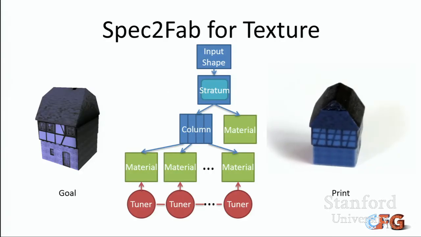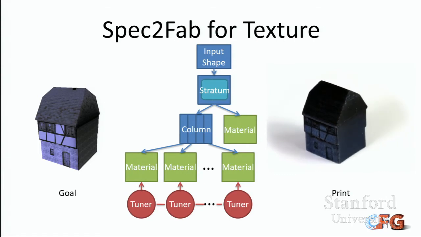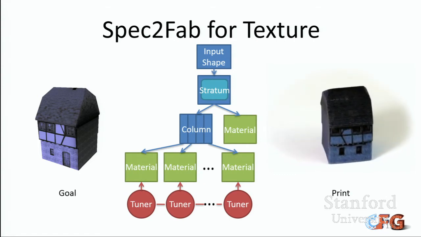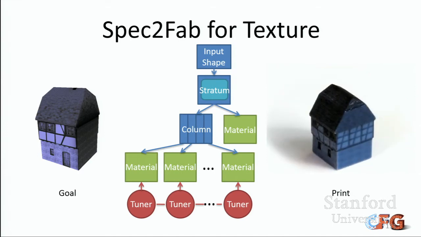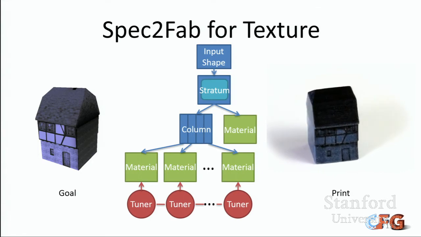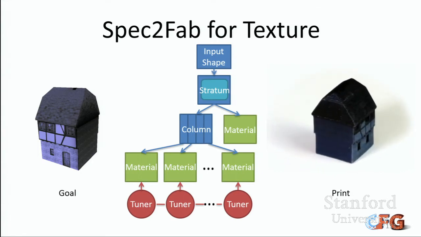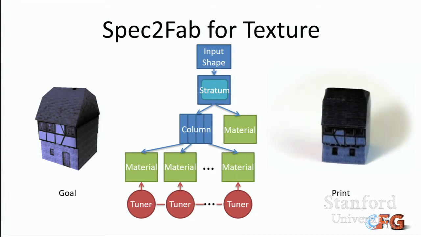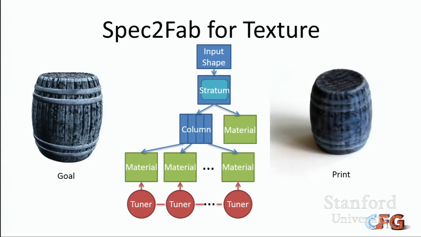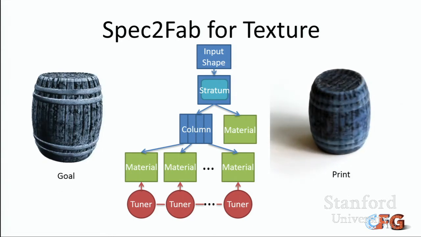So first, you can do things that are fairly straightforward. For example, we can build something that works fairly well for texture. So this is a fairly simple tree and tuner network. In this case, the input is the geometry and the texture, and the output is a model that mimics this model and the texture. Once you design this, you can, of course, reuse all of this.